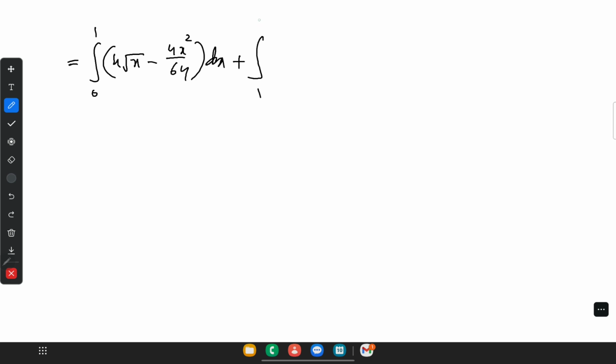And what about from 1 to 4? Upper curve is g of x. g of x is 4 over x minus lower curve is again h of x, which is 4x squared over 64. So I will solve this integral.